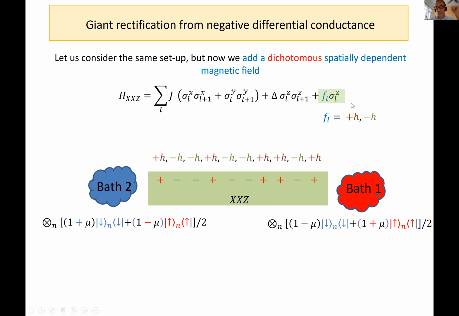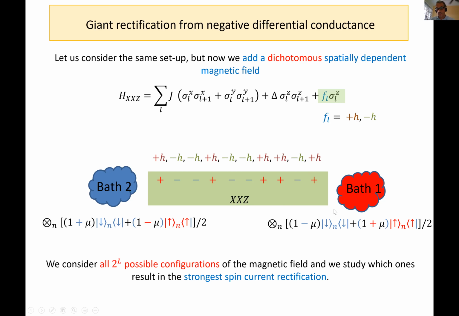To have a better view of all the possible combinations, we looked at locally, the field could be either plus H or minus H. And if you have L spins, we have 2 to the L possible configurations. Since we're not studying very large systems, we can consider all of them. And so we consider all the configurations, and we try to see whether anything interesting happens. So this is what we try to do.